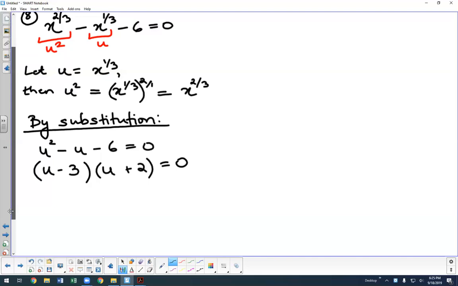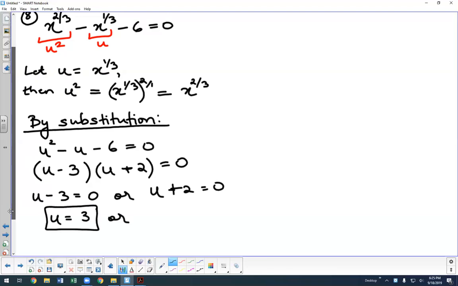Okay, so let's see. Yeah, very good. Nicely done. So what are the two u values here? 3 and -2. Yeah, very good. u equals 3 or u equals -2.